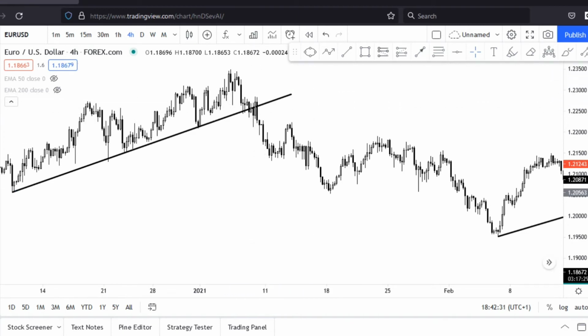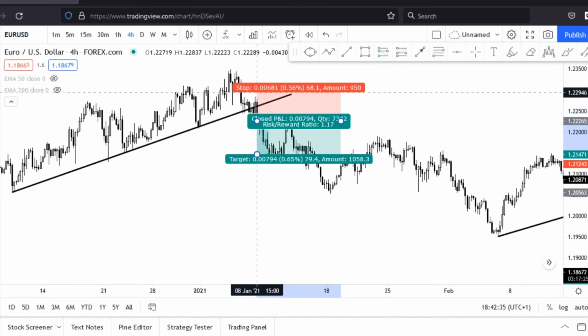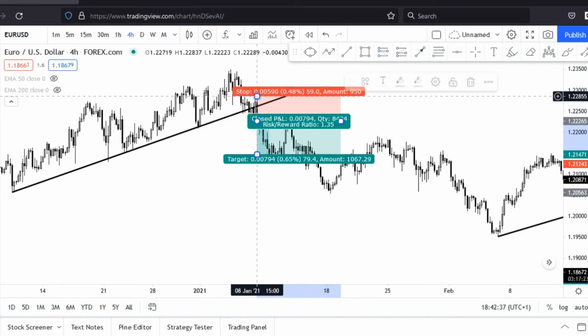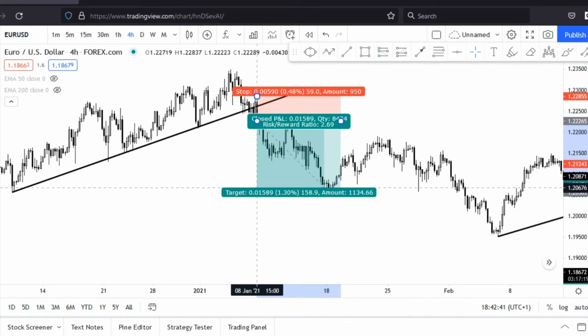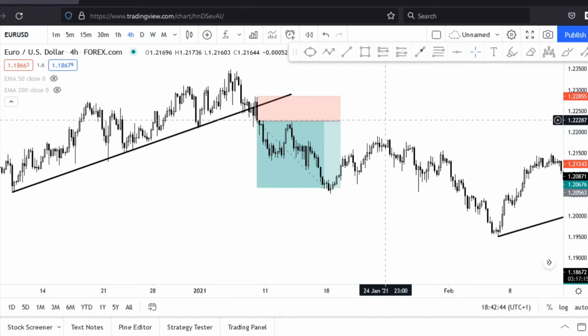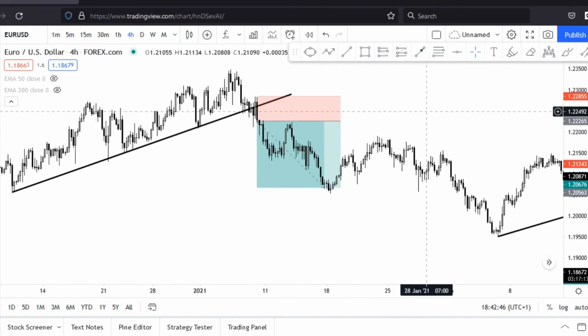So if you had seen this trade, you would have taken your trade after the formation of this engulfing candle, stop loss just above here, and you take profits just around this support level over here. So giving us a very nice trade.